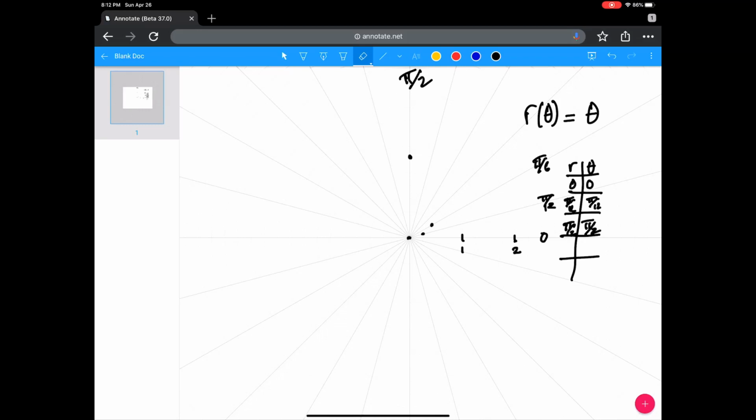So as my angle is rotating this way, I'm imagining this curve is getting sketched out as I plot in these r values, and then I connect the dots with that in mind. So it's something like this.